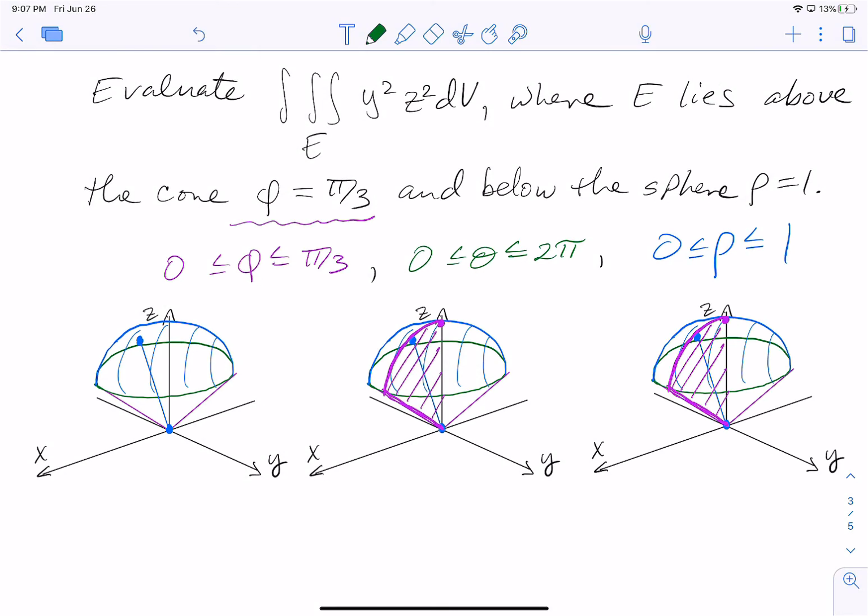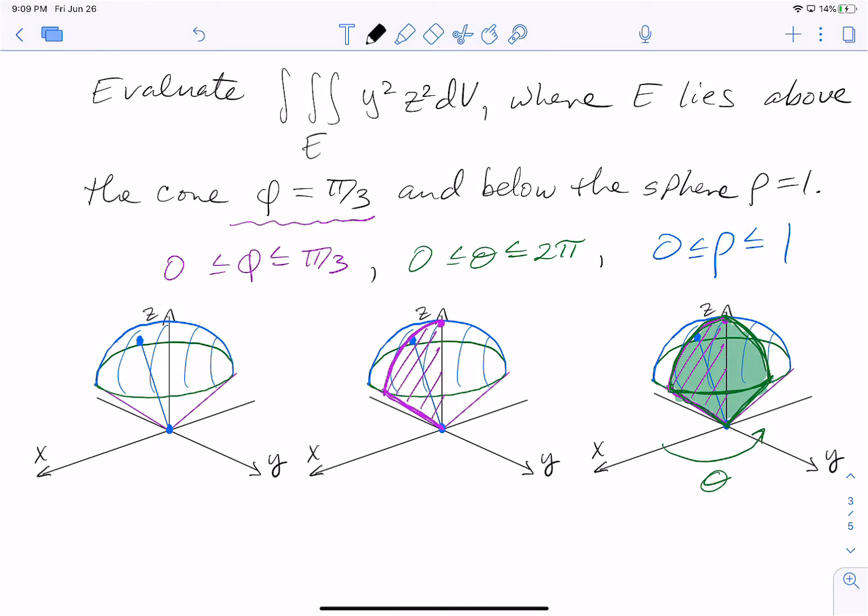Now, I'm not sure I can convey what I'm trying to convey right here, but let's consider how theta is working. Theta sweeps around, and just in the same way that phi sweeping down gives us this planar lamina, theta sweeping around gives us the solid.